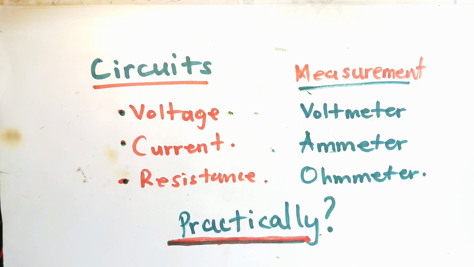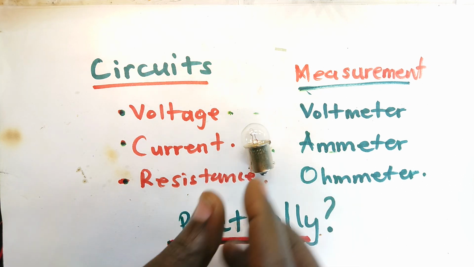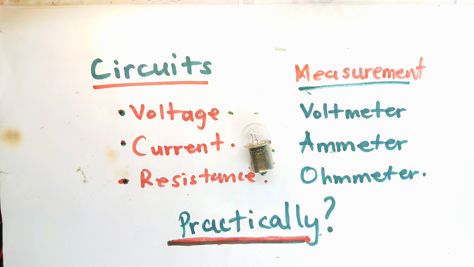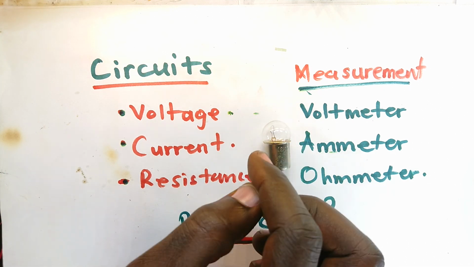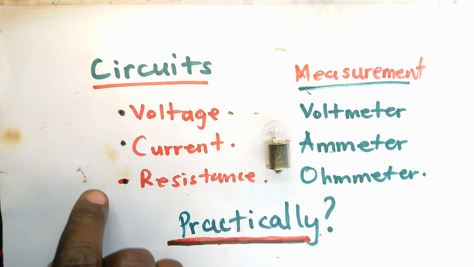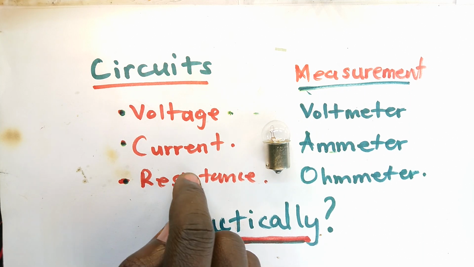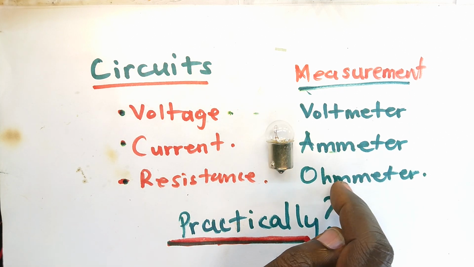So right now I think we'll begin with a simple load, and for a load, we will look at something like this bulb, which we mentioned earlier on is a form of resistor, and we shall show you how to measure that in subsequent videos. So that will show us the demonstration of how to use an ammeter.